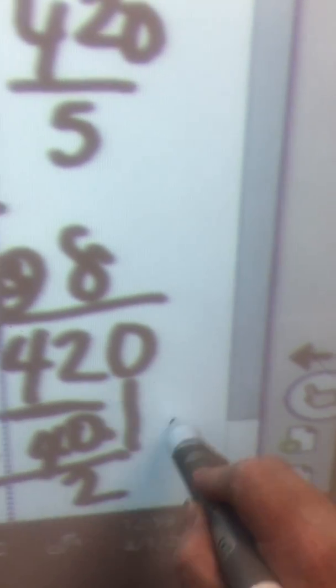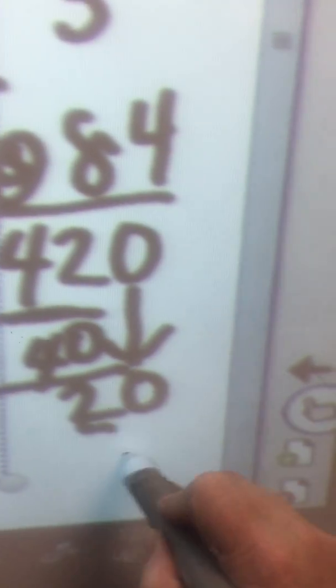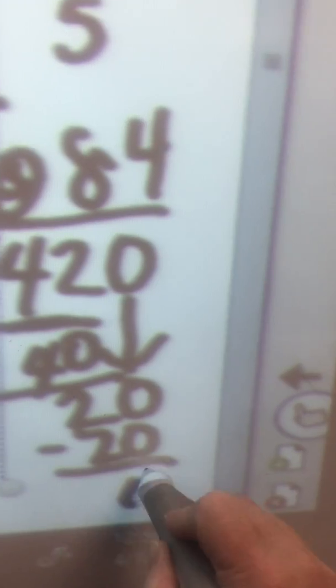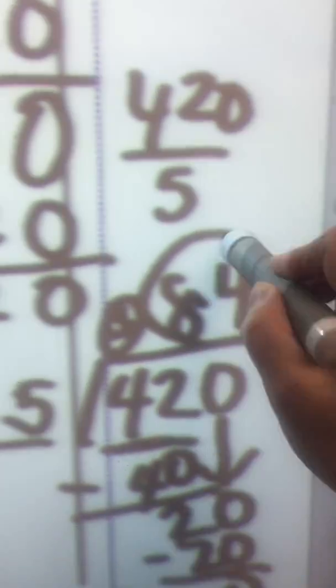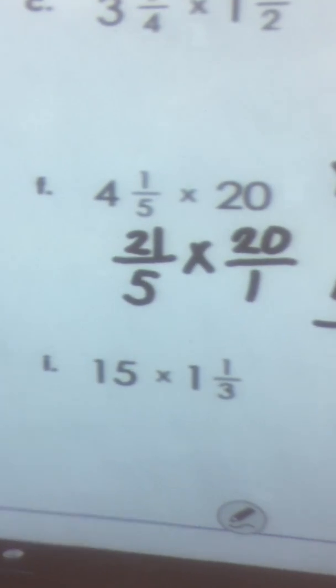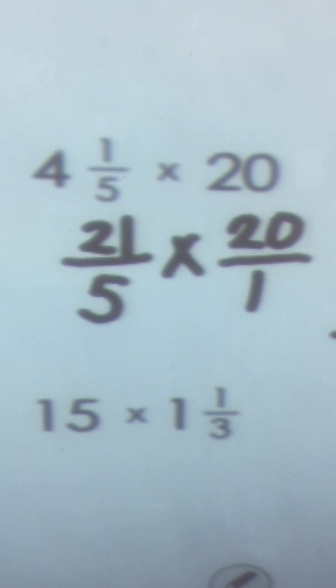Bring down my next digit. 5 goes into 20 4 times. 4 times 5 is 20. And I just found my answer. Okay, it's 84.